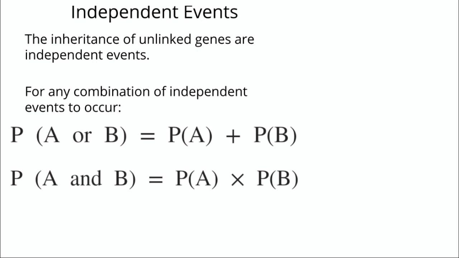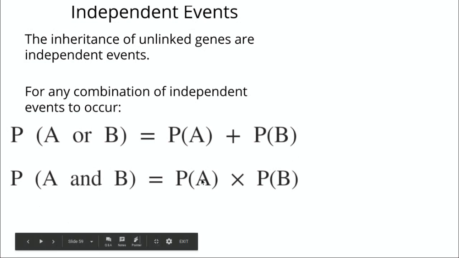So to do that combination, what you do is you take the probability of trait A and you add it to the probability of trait B, and that will give you the overall probability of either A or B occurring. If you want to see the chance of them happening simultaneously within the same organism, you take the probability of A and you multiply it by the probability of B.